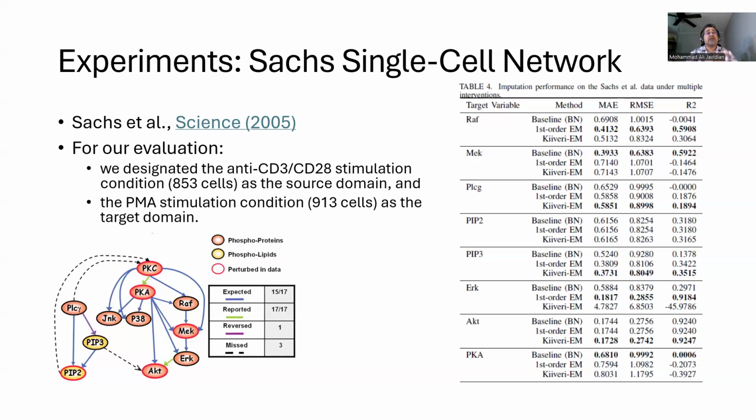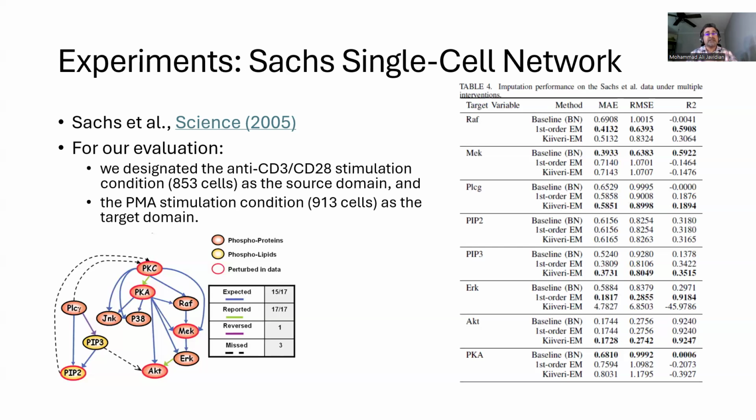Also, we see caution. For MEK and PKA, the gains are weaker, suggesting we need more robust extensions. For example, better handling of feedback, hidden variables, and non-Gaussian behavior. I mean possible misspecification.